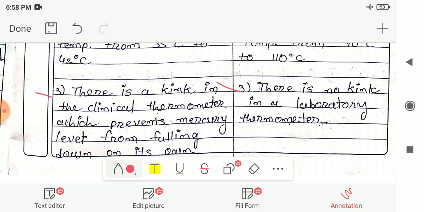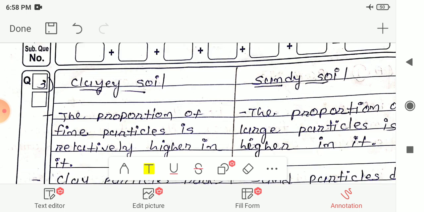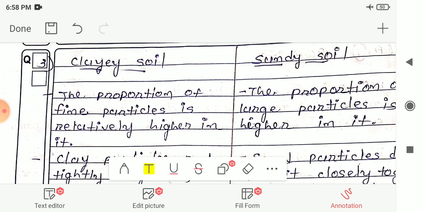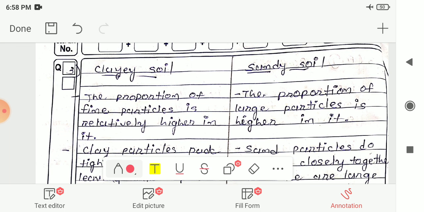Now the third and last difference is between clay soil and sandy soil. So here the answer is given to you. In clay soil, the proportion of fine particles, or small particles, is relatively higher, and in sandy soil the proportion of large particles is higher.